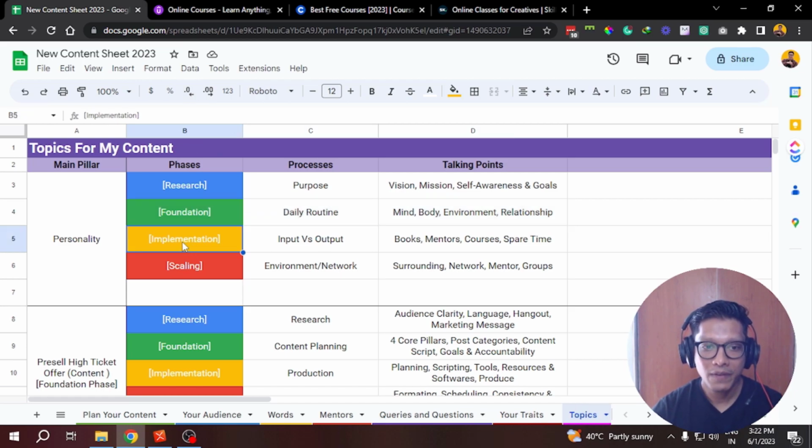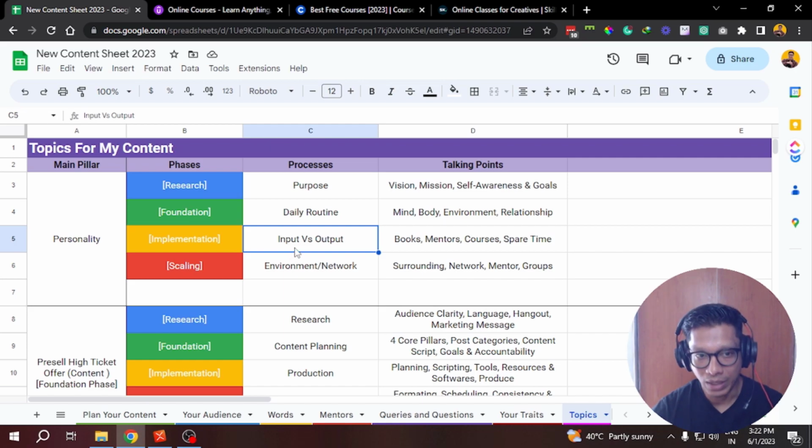Now, third is implementation. Input versus output. That means whatever the things they input, the same thing that they will output, right? So it's all about what are the things that you're consuming every single day, where you are giving your time, and what are the things that are going inside your mind.